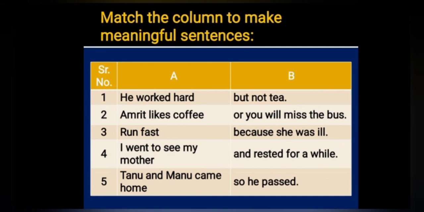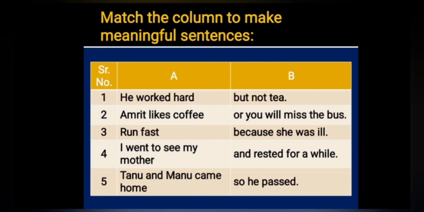In column A, you have the clauses. Number 1, he worked hard. Number 2, Amrit likes coffee. Number 3, run fast. Number 4, I went to see my mother. Number 5, Tanu and Manu came home.